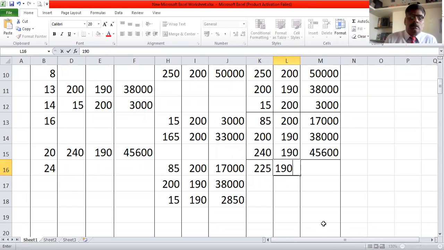You multiply this, 225 into 190, 42,750. 42,750 is the amount. Okay, this is the balance from the last lot.